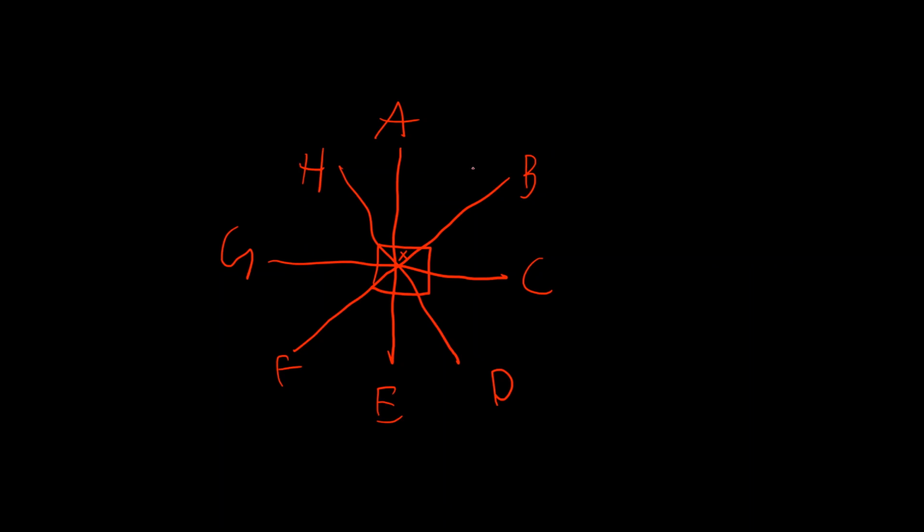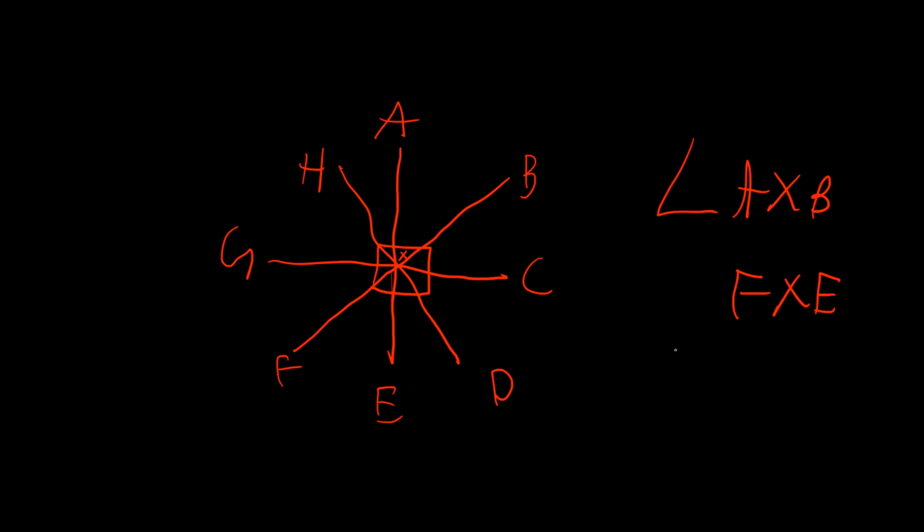Now, to find the vertical angle of AXB, we need to know what is opposite of AXB. FXE is the vertical angle of AXB because they are opposite, have the same endpoint but no common side.